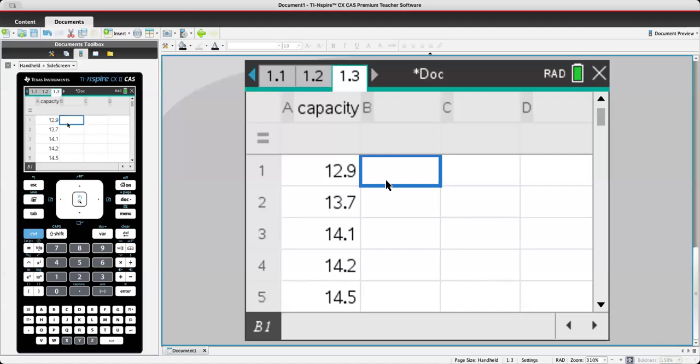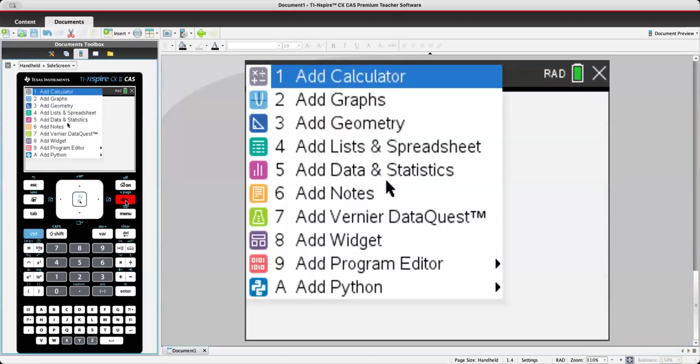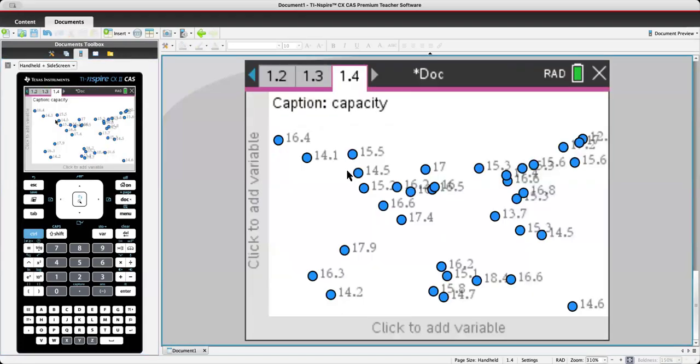So to do a normal probability plot, we put the data into the calculators. So now I want to add a page. So Control Doc, and then I want to do add data and statistics, which is option number 5.